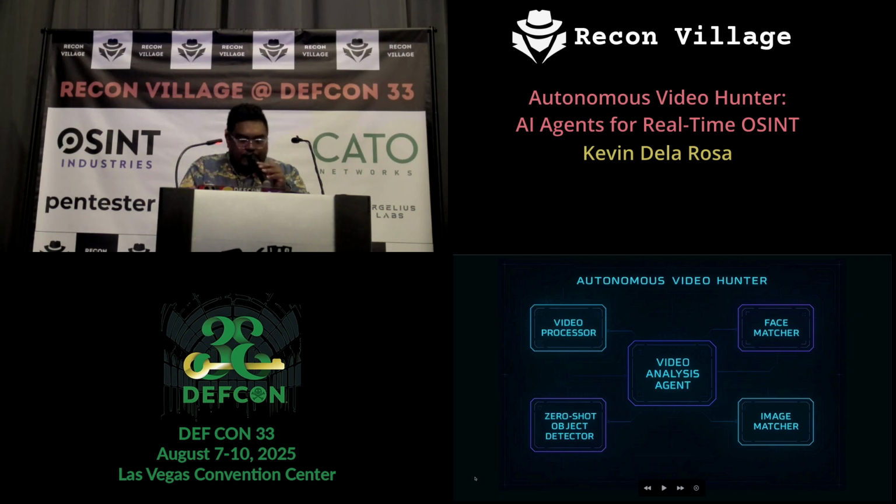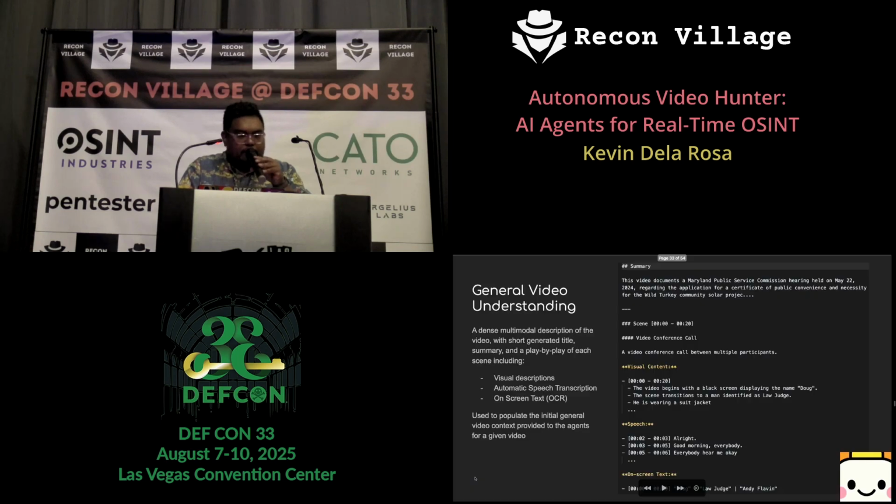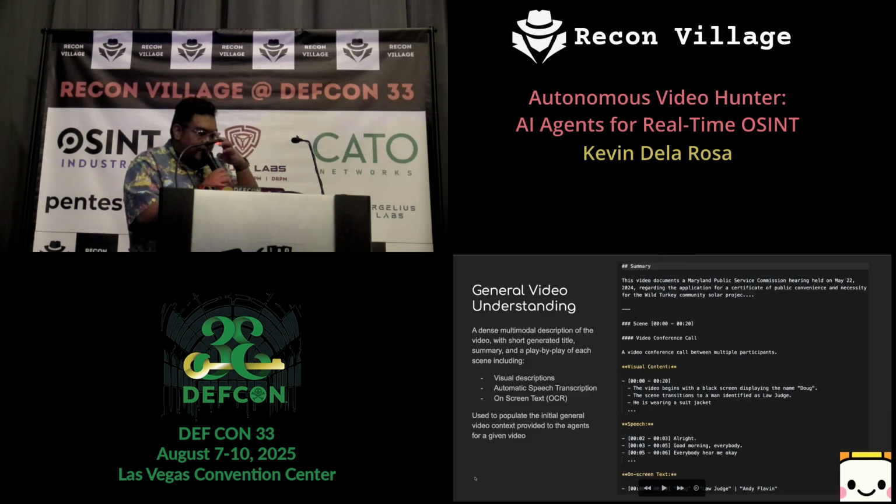So I'll go over what's powering a few of the key components. First, there's a general video understanding step, as I mentioned, in the video processor that's powered through an API that my company provides. Essentially what you get is a dense play-by-play description across different modalities in the video for each scene.